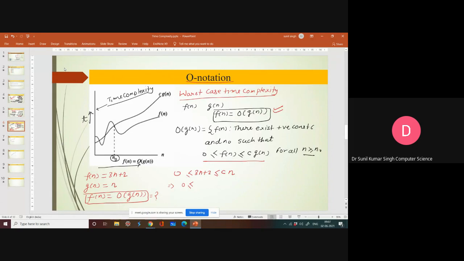If we divide by a negative number, then it will change the inequality, but n cannot be negative, so it will not affect the inequality of this expression. So 3 plus 2 by n is less than or equal to c.